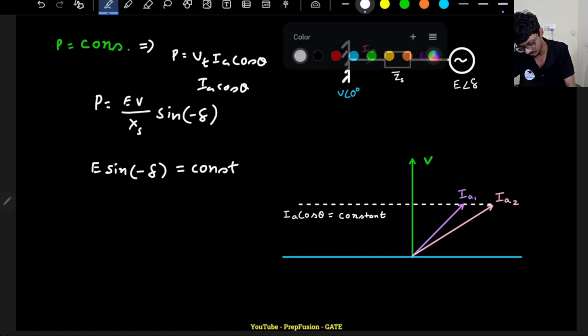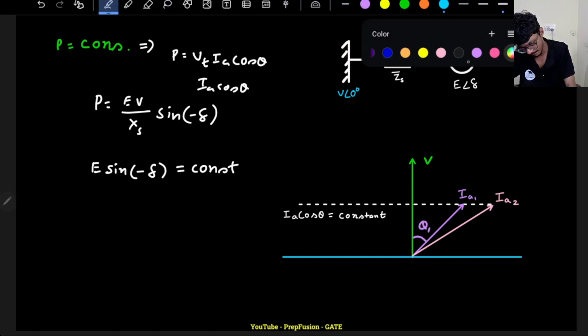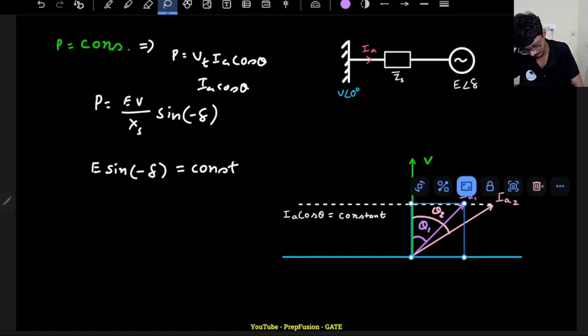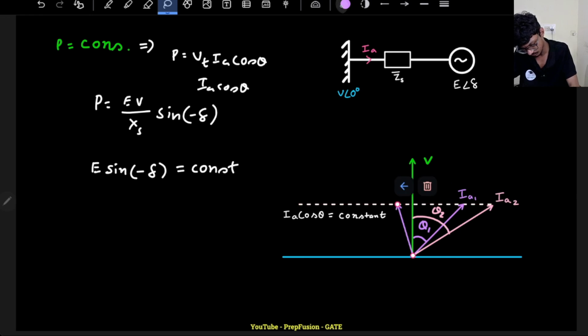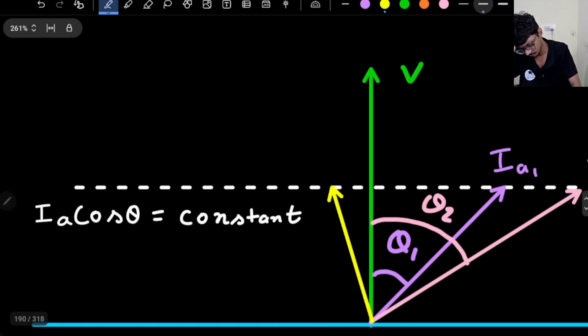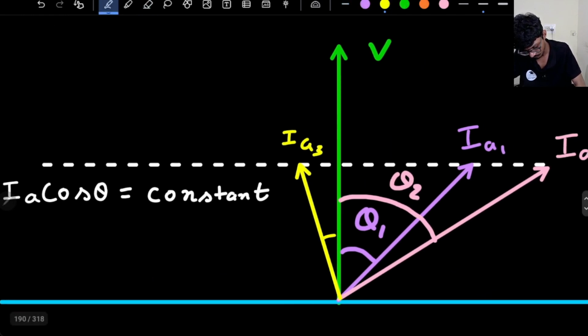Here it is theta 1, here it is theta 2, and here Ia3 with theta 3 if it is leading. But this length will be constant.